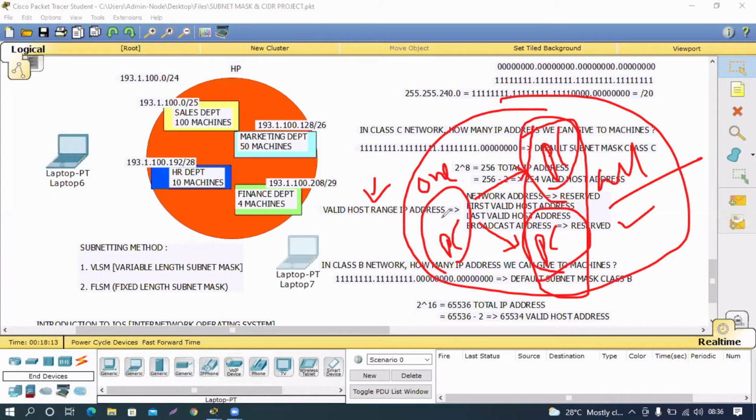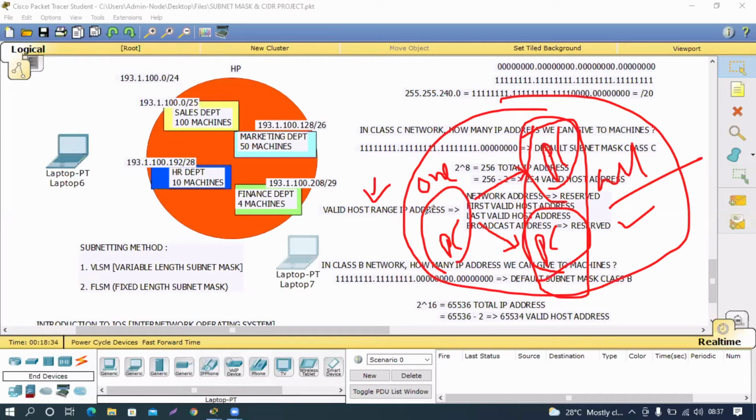When we talk about an IP address, it should be a unique address which is given to a machine. But since the broadcast address is used by everyone and the network address is used by everyone, they cannot establish the unique identity of a particular machine. That is why we don't use them.